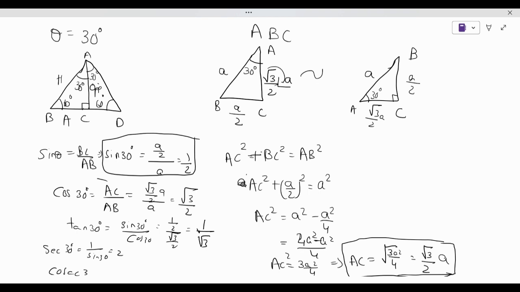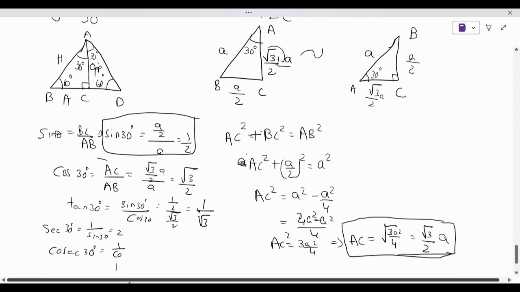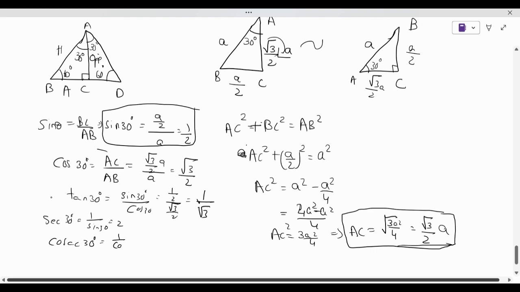Cot 30 is equal to 1 by tan 30, equal to root 3.